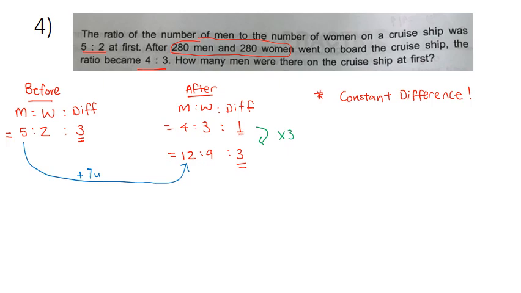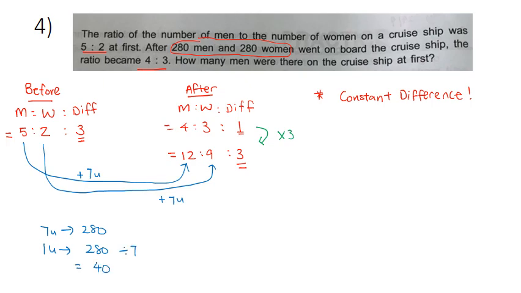Let's compare women. From 2 units, it went up all the way to 9 units. It's no surprise that it also went up by 7 units. So what does this say about 7 units? 7 units is 280. So 1 unit is 280 divided by 7, which gives us 40.